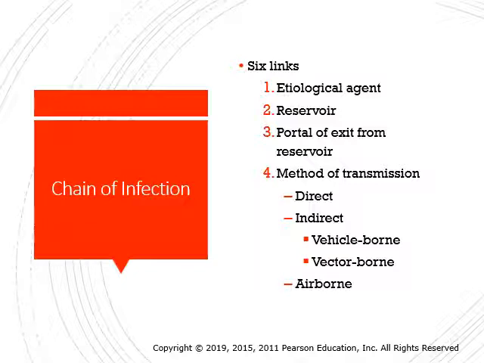So vehicle-borne transmission occurs when a substance, so water, soil, some agent of movement, a vehicle, takes an infectious agent to another host, okay, to another individual, to another surface.